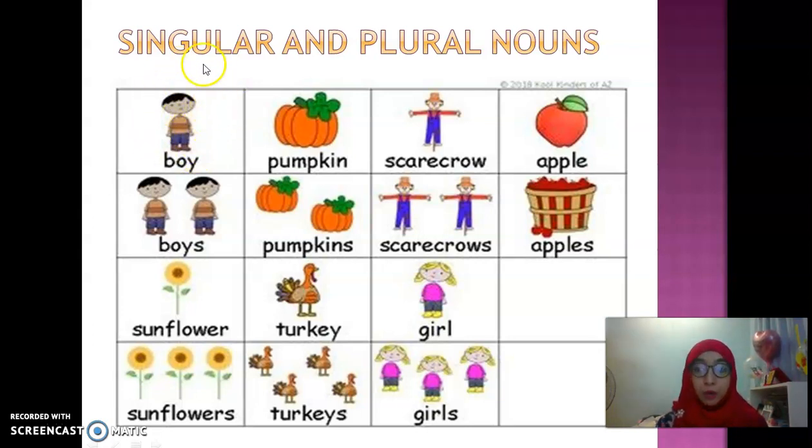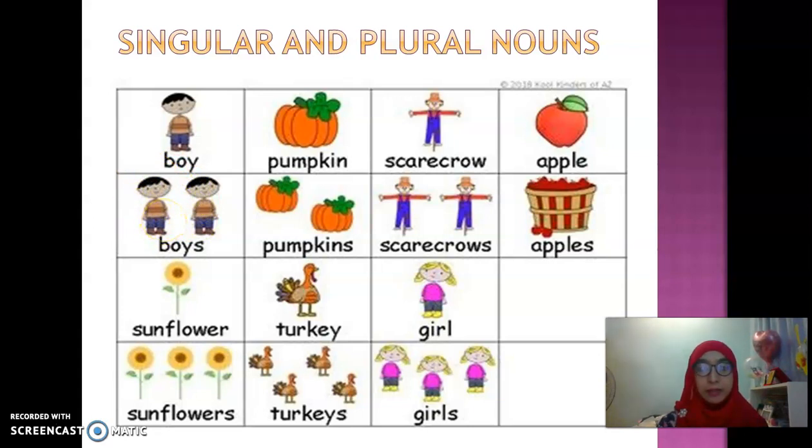Can you count how many boys in this box? So there's only one. So one boy. B-O-Y. Boy. Now let's look at the picture directly below that. Oops, sorry. There's my arrow. So let's count how many boys in this box.